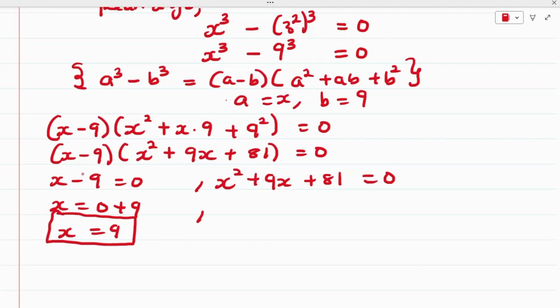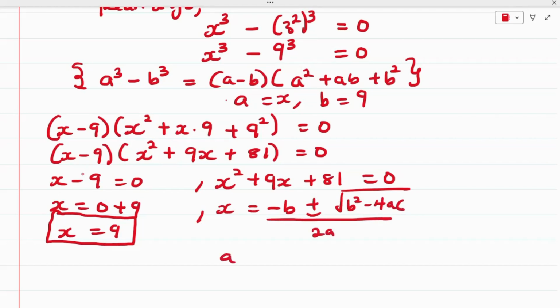So in order for us to solve this quadratic equation, we want to make use of the quadratic formula, which is given as x is equal to minus b plus or minus the square root of b squared minus 4ac, divided by 2a, where a is equal to 1, b is equal to 9, and c is equal to 81.